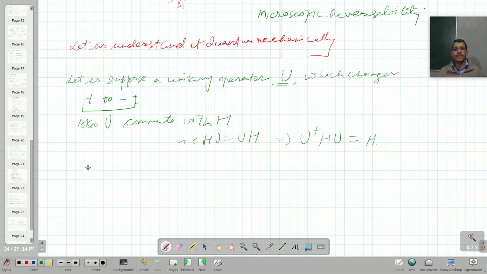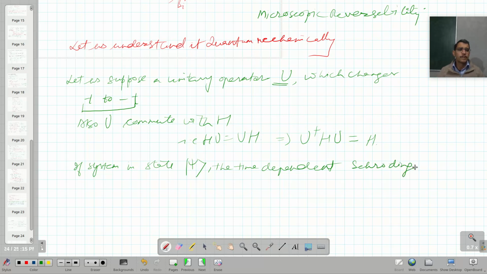So if the system is in state ket psi, the time dependent Schrodinger equation is given by H psi is equal to iota h cross del over del t psi.